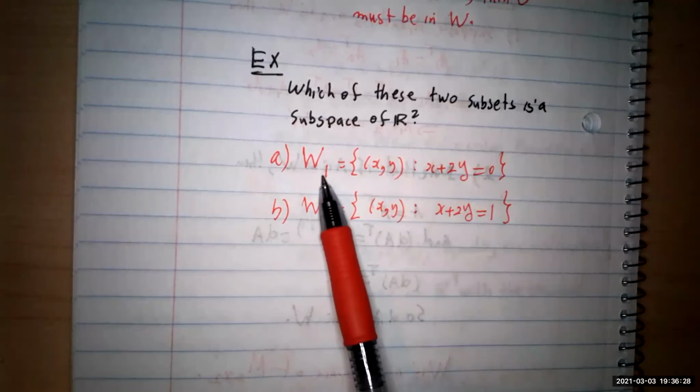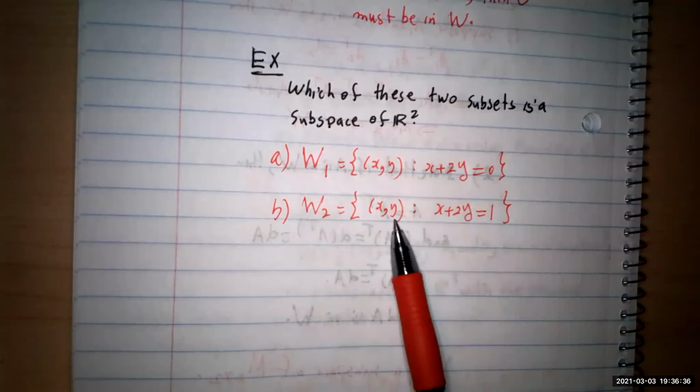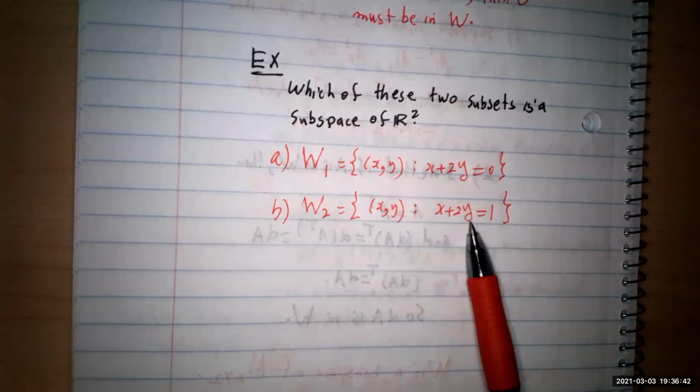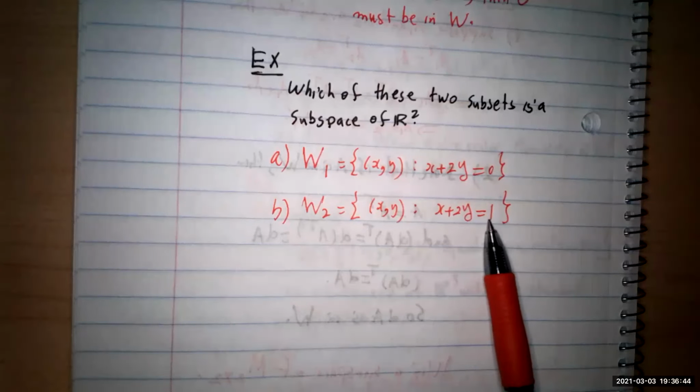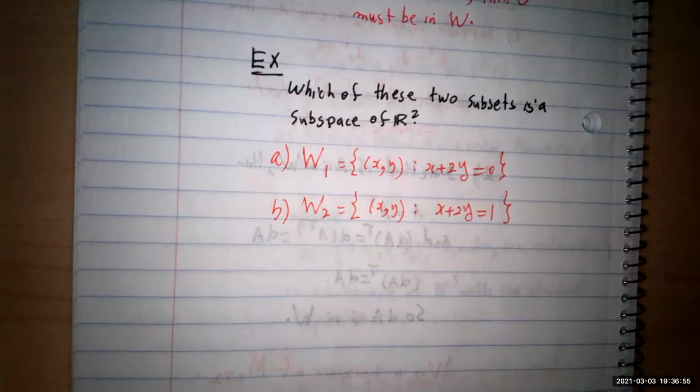It doesn't mean that you are done. This means there is a possibility that W1 is a subspace. Look at this one, 0, 0. If you put X equal to 0 and Y equal to 0, that gives you 0 equal to 1, which is impossible. So W2 over here does not contain 0, so W2 is not a subspace. You reject it right away.